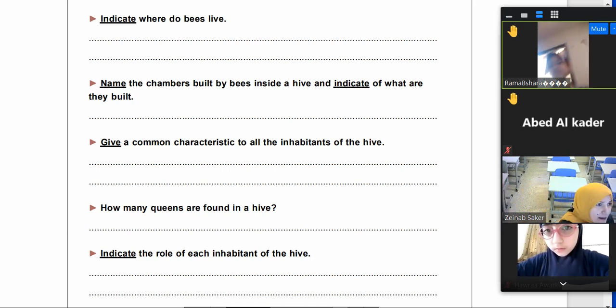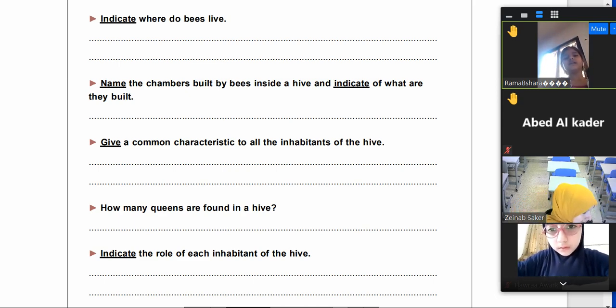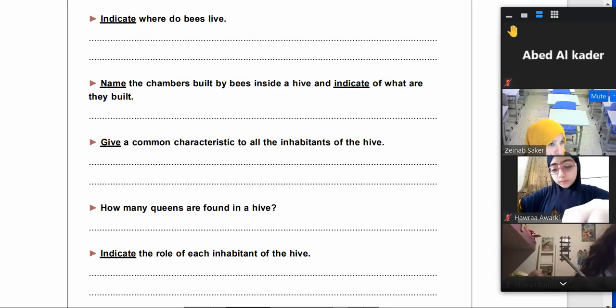Can you tell me, Rama, what is the work of the queen? What can the queen do? Yes, the queen lays eggs. Very excellent. Abdul Qadir, what about the drones? Look at the drones in the next document.